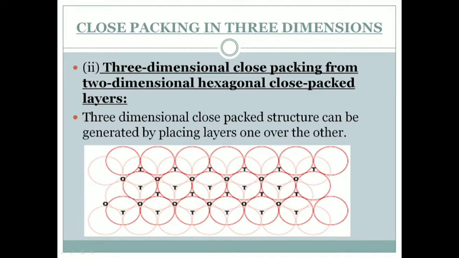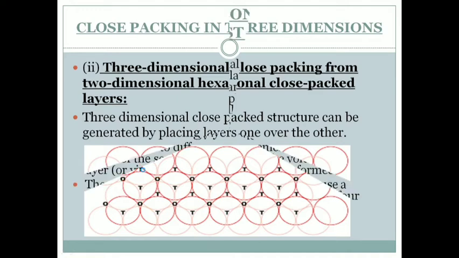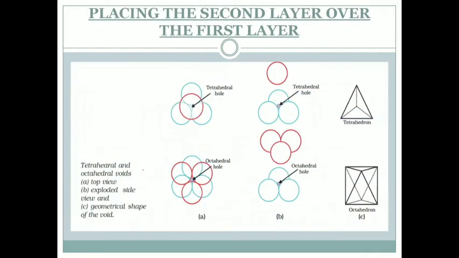Here, you can see a tetrahedral void is formed. If we join here, a tetrahedron is formed. That is why it is known as a tetrahedral void.